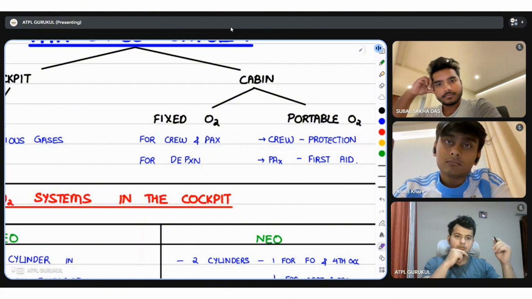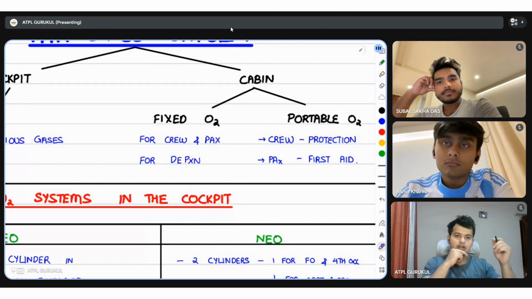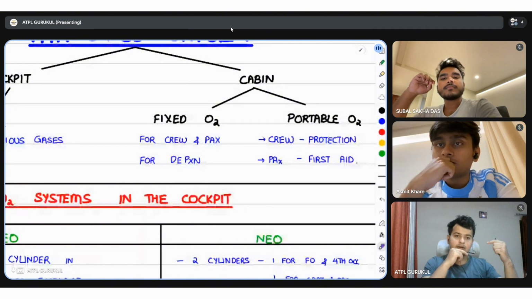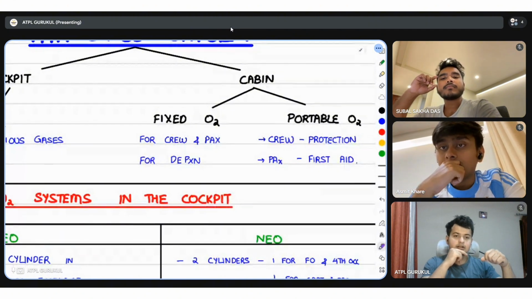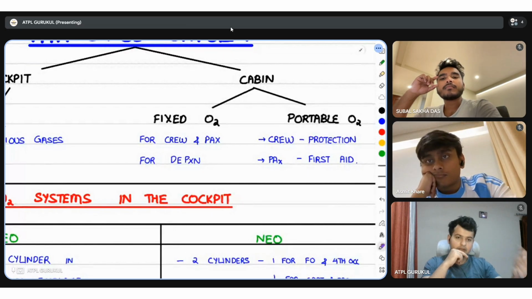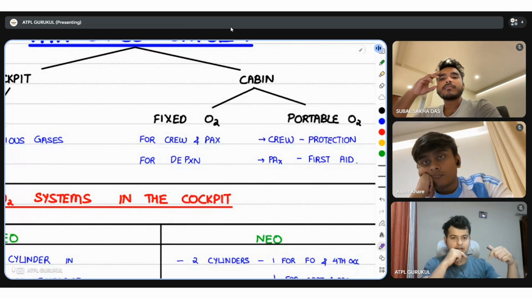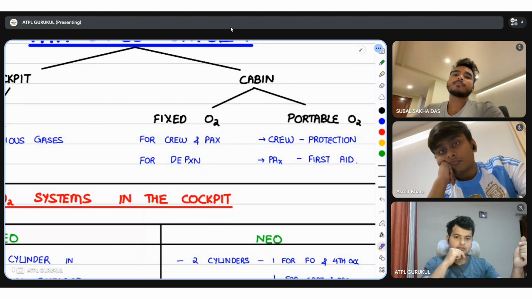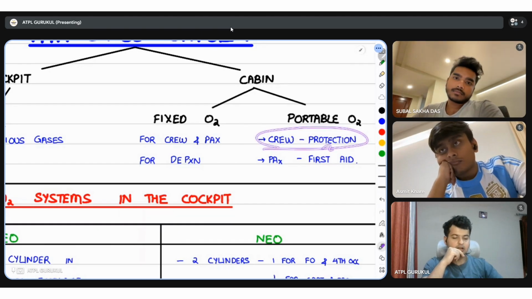You know what you're actually supposed to do when there's depressurization and you cannot actually get down to 10,000 feet because of mountains below. Crew are actually supposed to get up, take these portable oxygen bottles out, wear it, sling that bottle across their back, hold it, and then reach out down the aisle to help anyone who's in need. So this is for the crew's protection.